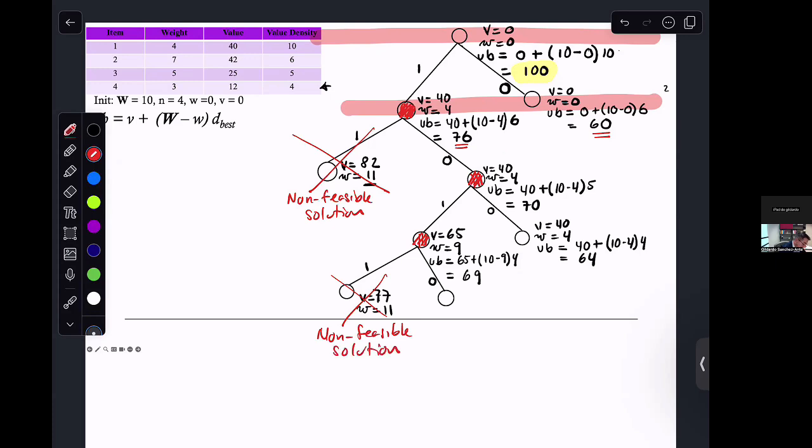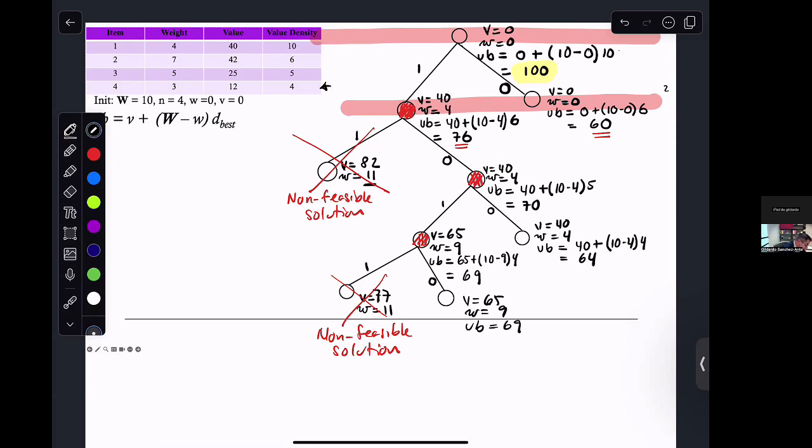So by leaving this item, what we can, of course, say is, okay, value is going to be 65, W is going to be 9, and UB is going to be 69, because I have no other item to pick.